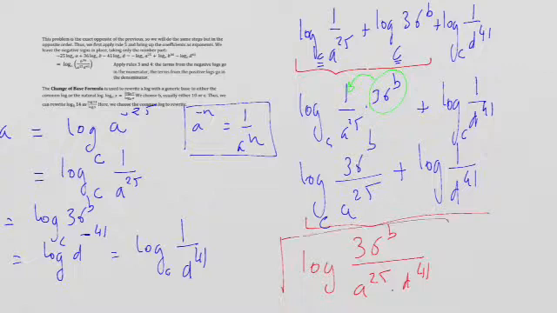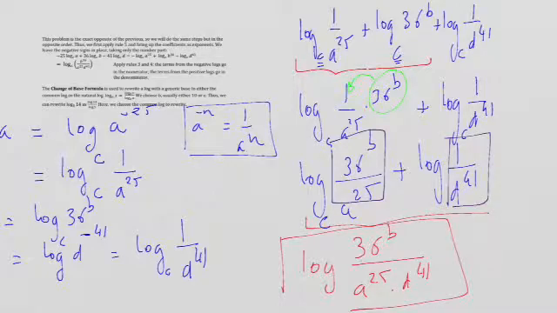Why do I have that? Because when you multiply this fraction right here, let me take another color, with this fraction right here, we get the top multiplied by the top, b to the 36 multiplied by 1 gives me b to the 36, and then a to the 25.